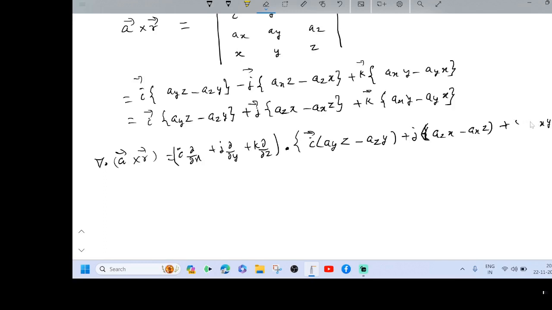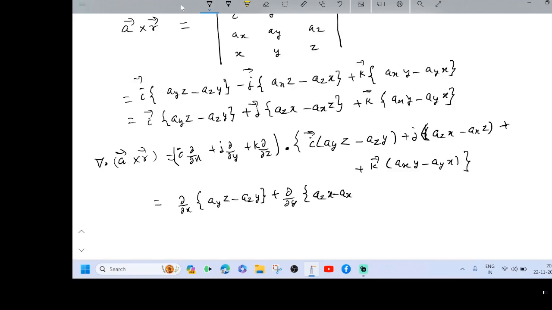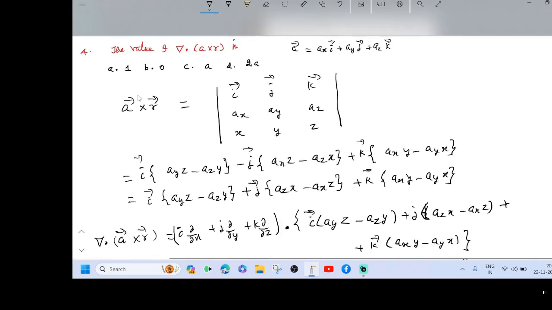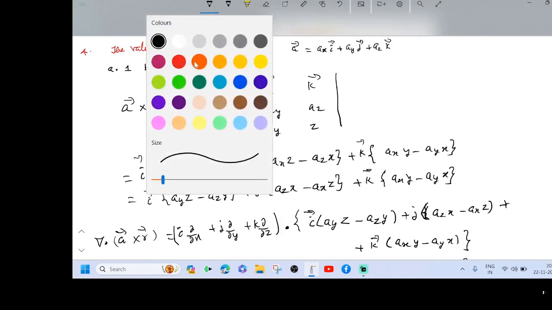Write down these terms separately, which is equal to ∂/∂x of (Ay z minus Az y) plus ∂/∂y of (Az x minus Ax z) plus ∂/∂z of (Ax y minus Ay x), which is equal to 0. Therefore, the option B is correct.